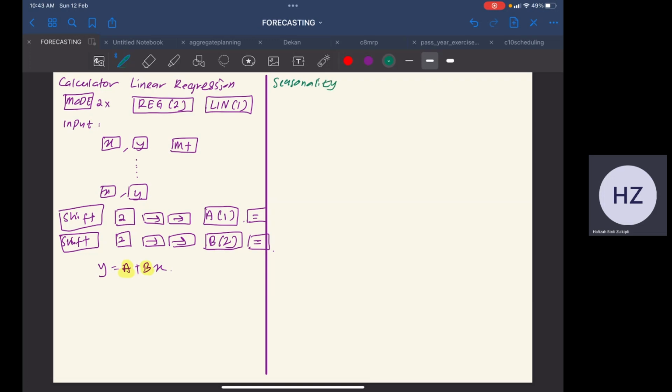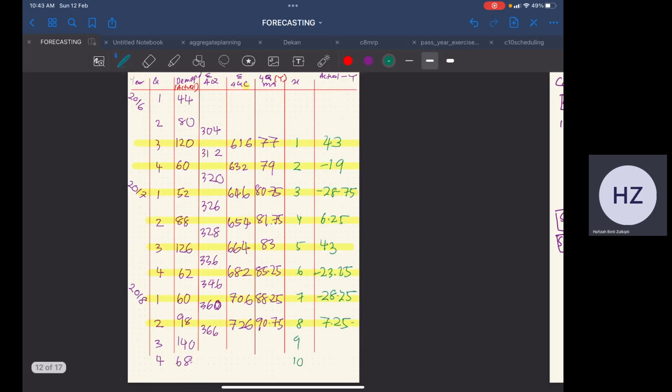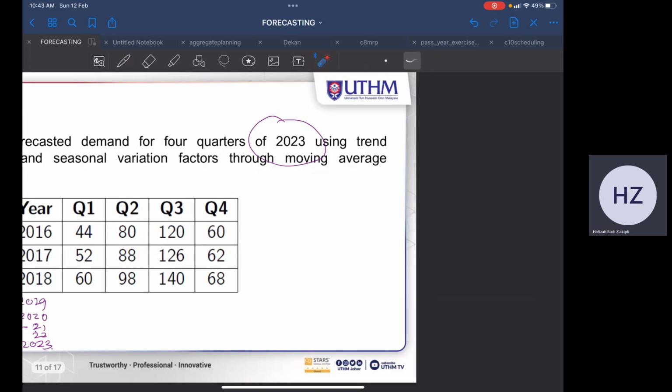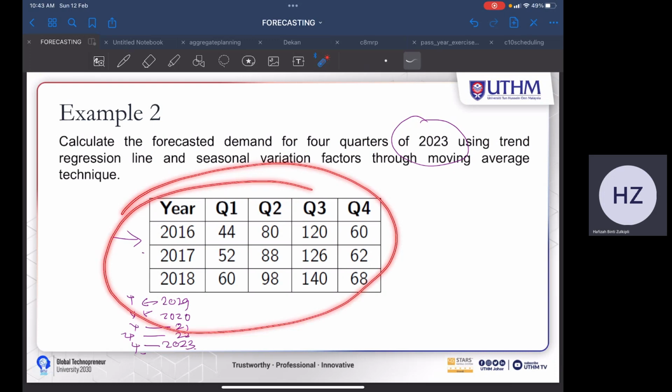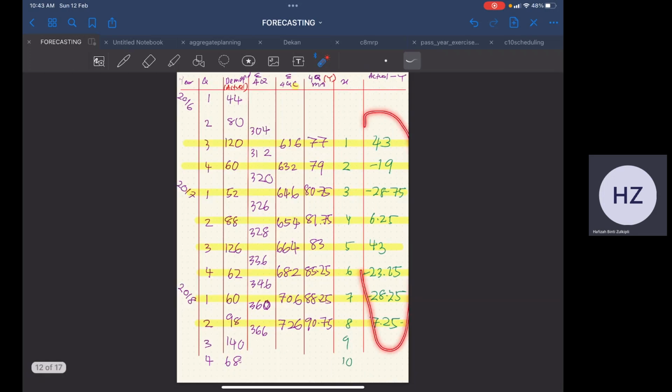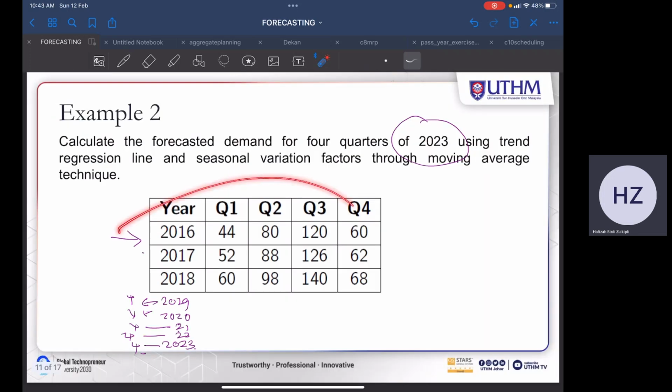So the value of seasonality is coming from this part. You need to rearrange this value back, like this. So you have year, you have quarter. We need to rearrange the values and put them into a table like this.